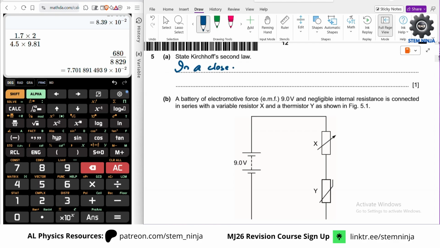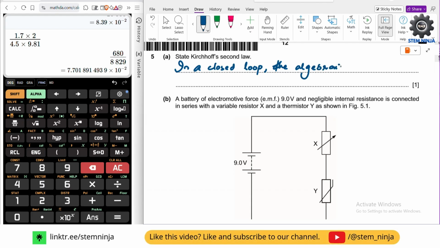In a closed loop, the algebraic sum of EMFs is equal to the sum of potential differences.